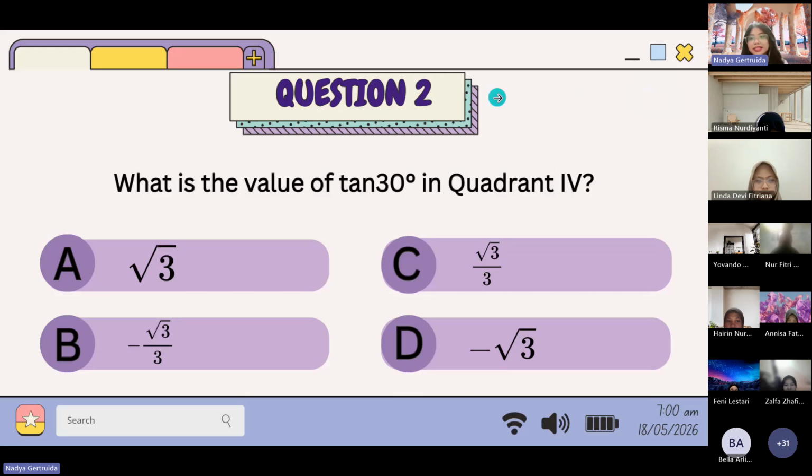The second question: what is the value of tangent 30 degrees if in quadrant 4? Who wants to answer? You can raise your hand. Yes, you can give your answer. The answer is C. Let's check.